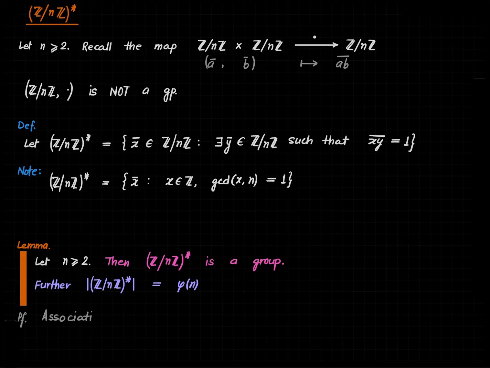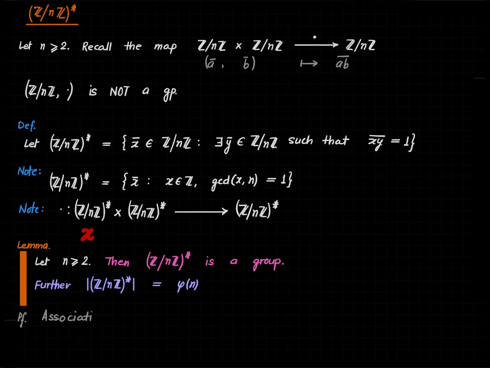And now, further note that the multiplication, the dot map, if you just feed it a pair from Z mod nZ star cross Z mod nZ star, it will output something in Z mod nZ star. I don't know how to write that, but you get it.